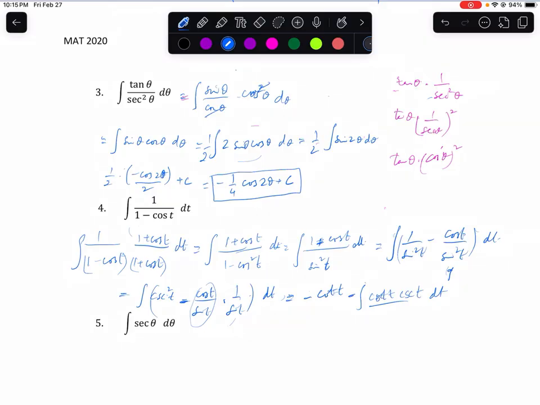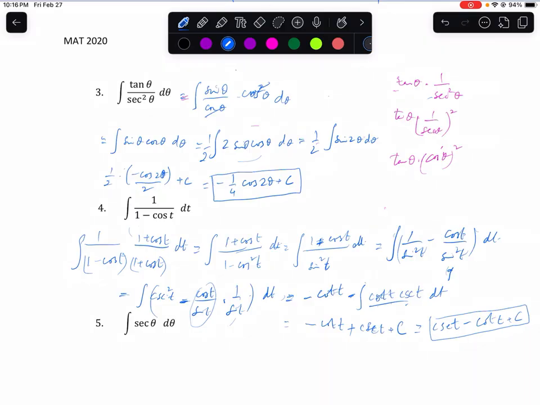So the antiderivative will be negative cotangent t plus cosecant t plus c, or cosecant t minus cotangent t plus c. That will be the answer.